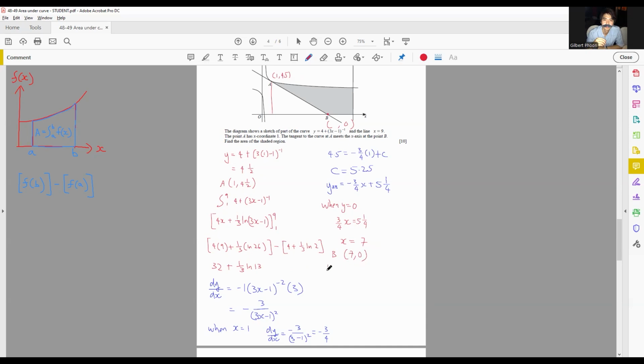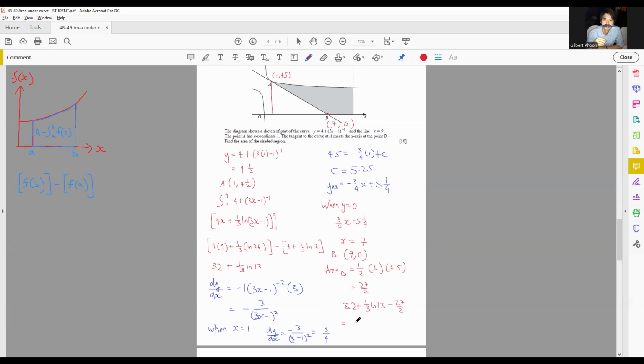Now we can find the area of the triangle. The triangle here is half times base, which is 7 minus 1, that's 6, times the height, which is 4.5. Type this into your calculator, you would have gotten that this area here is 27 over 2. So finally, the final area is this value here, 32 plus 1 over 3 ln 13 minus 27 over 2.